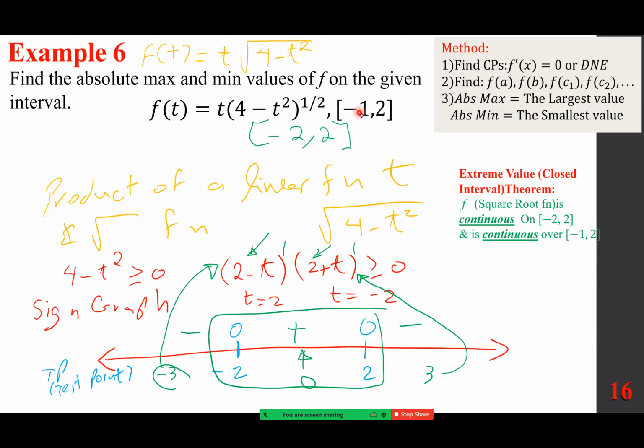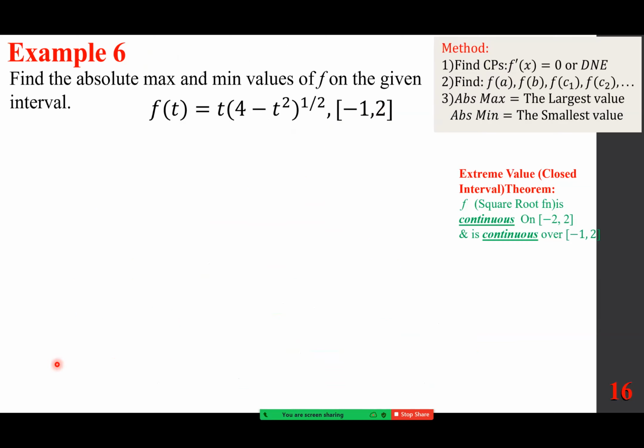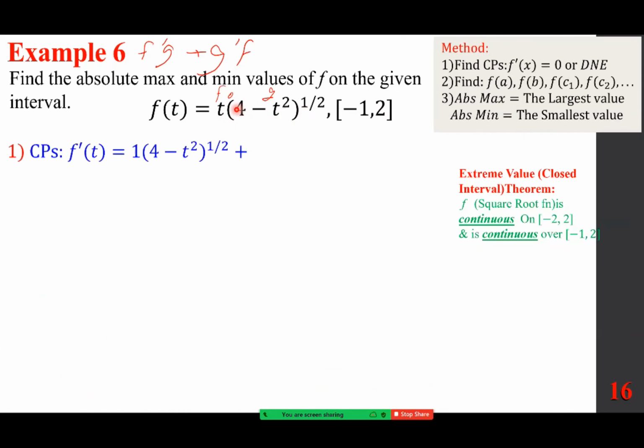So the next step is to find f prime. To find f prime, we're going to work with this. This is f, this is g, so we are looking at f prime g plus g prime f, the product rule. t gives you 1 times 4 minus t squared to the power of 1/2, plus g is this part.